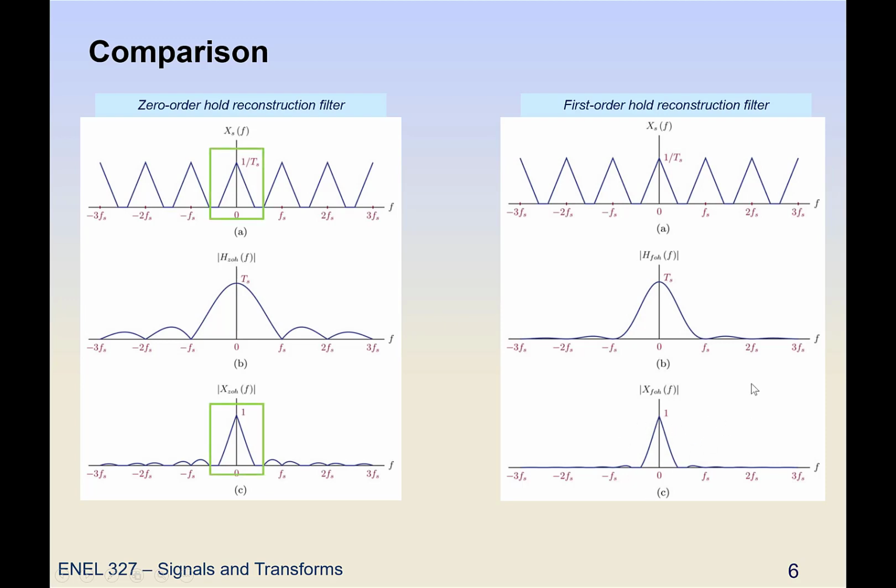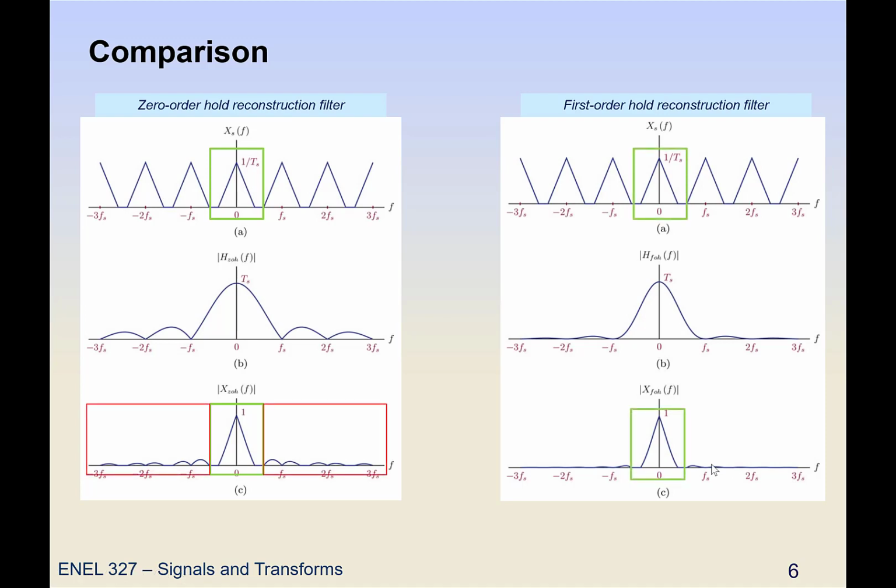Now, remember that we're looking for perfect reconstruction, so ideally we would only have that lowest order copy of the spectrum. The zero order hold does get that, but there are some ripples on the side. The first order hold does get that, and there are also some ripples on the side.